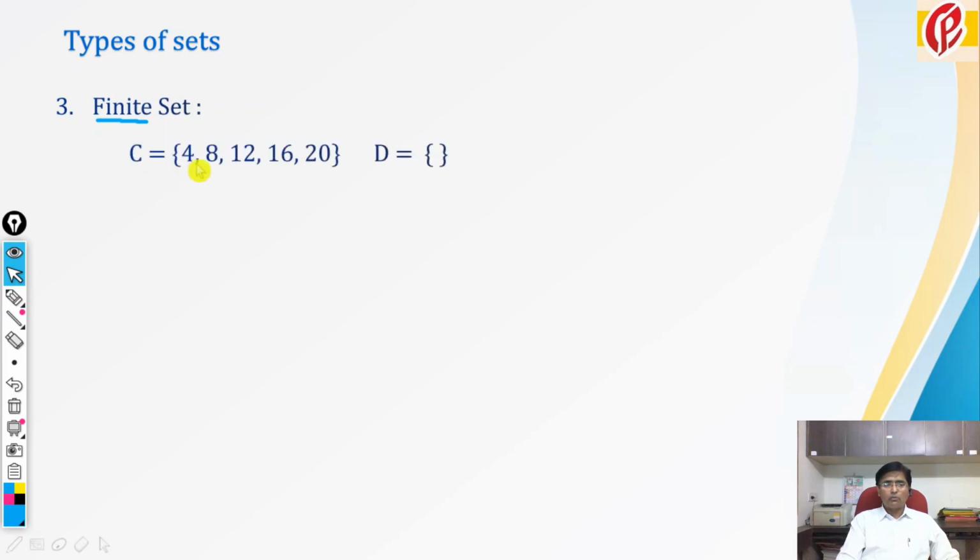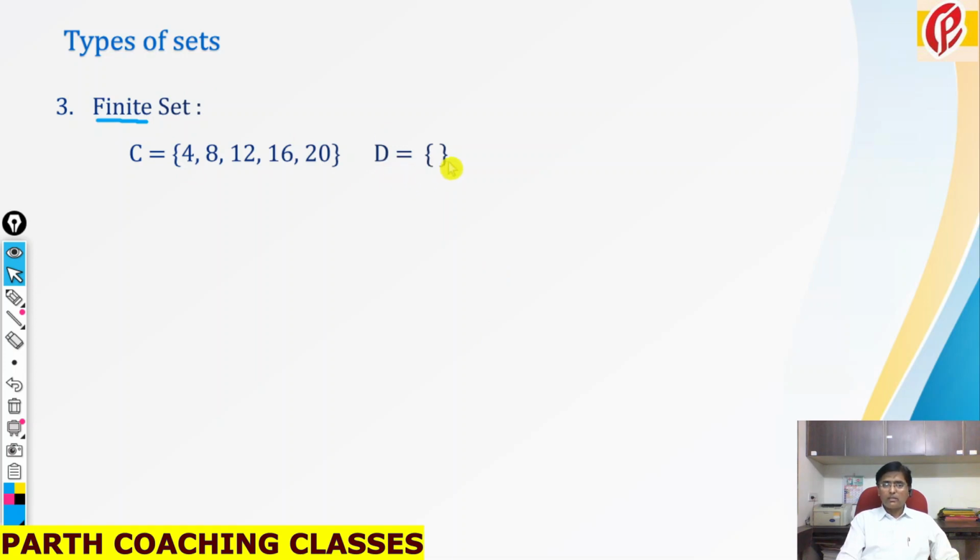C is equal to {4, 8, 12, 16, 20}. These are the elements. Now how many elements are here? 1, 2, 3, 4, 5. 5 elements are here, which means elements are limited and countable. So this set C is called a finite set. Now see here, D. Which type of set is D?